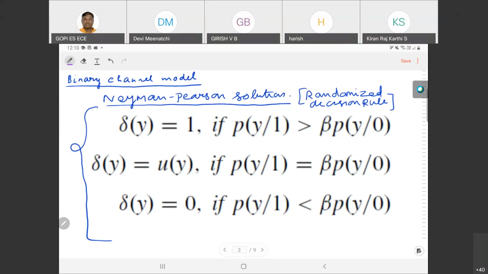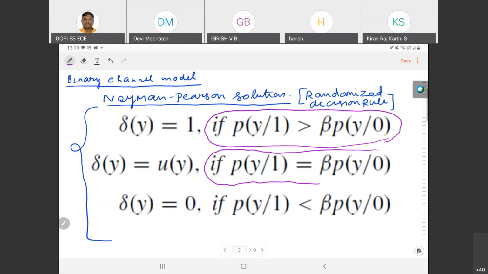You see here, in the case of the binary channel model, we view this as three different non-overlapping regions: this is region 1, this is region 2, this is region 3.